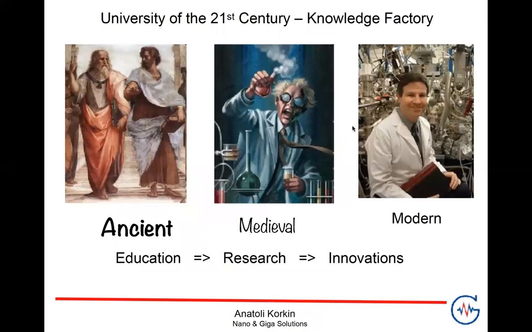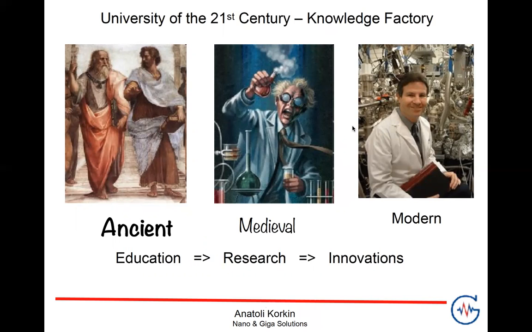Another general slide is about how research has been changing over the centuries. In ancient times, people didn't have many tools, so mostly it was just thinking, and science and philosophy were kind of the same subject. There was a lot of experimenting in medieval times, and alchemy was one of the most popular sciences.